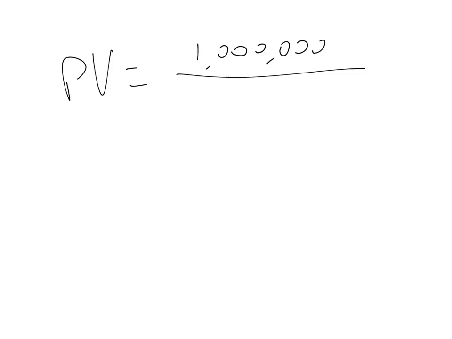Well, the present value of $1 million 20 years from now is equal to 1 million divided by 1 plus the discount rate, and let's say that's 10%, 0.1, to the nth power, and you're receiving the $1 million 20 years from now, so that's to the 20th power.